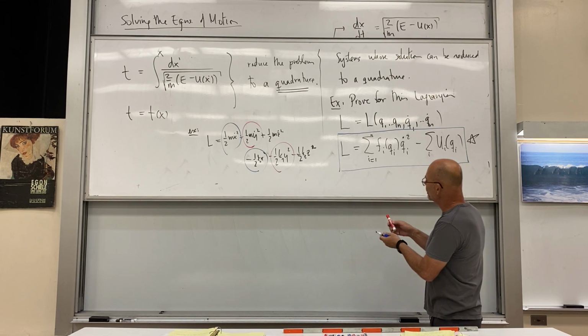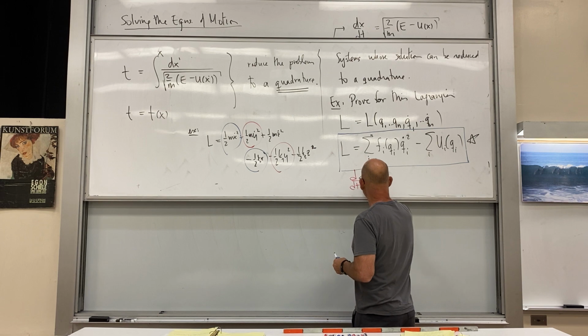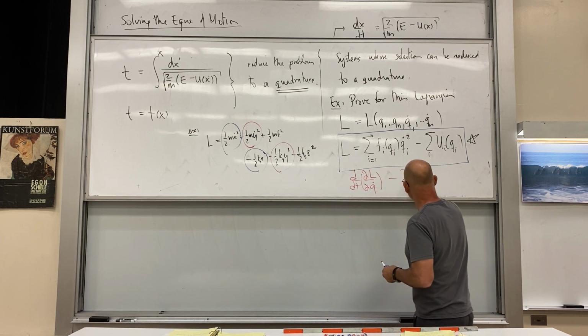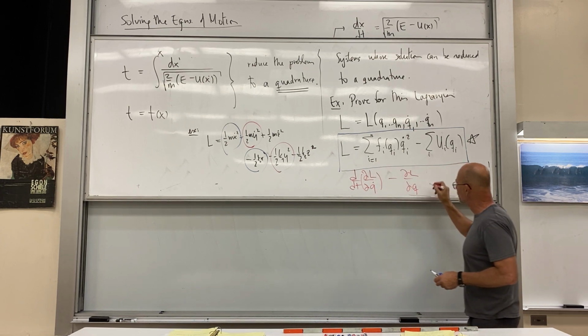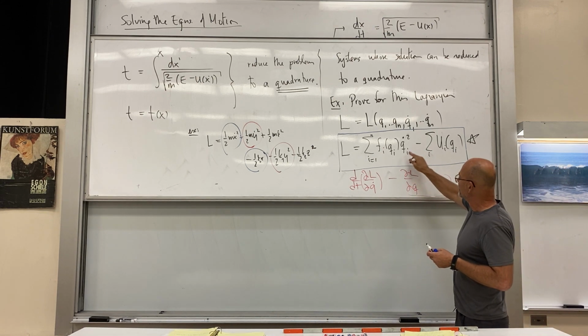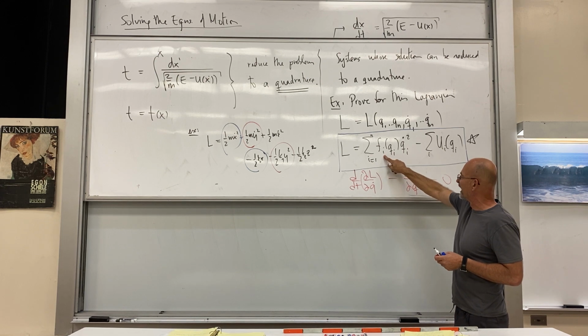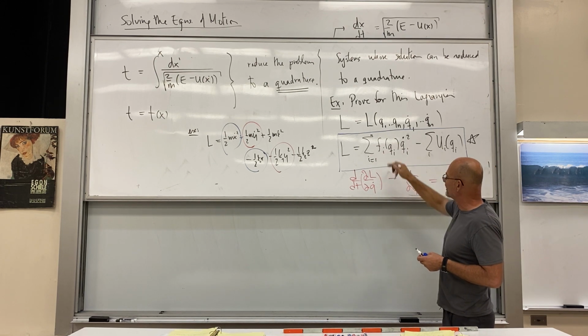Now, one more point. If you do, say, d over dt of partial L partial q dot minus partial L partial q equals 0, the Euler-Lagrange equation, you may not choose the index i for that, because that's the summation index.